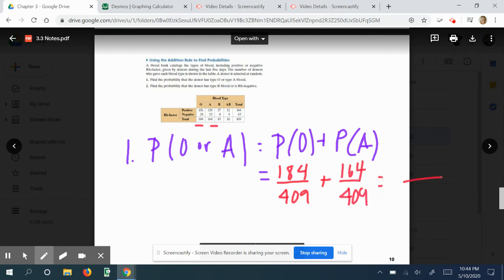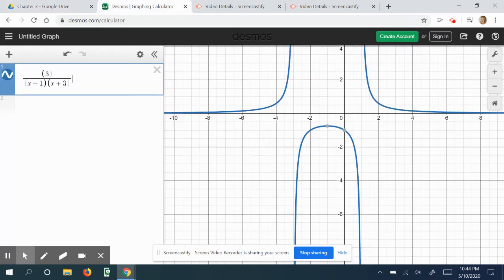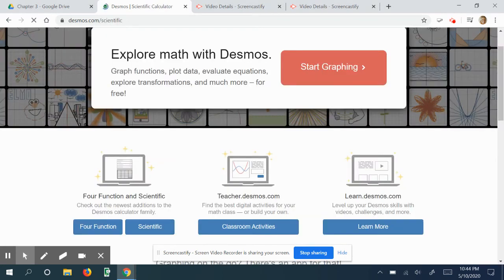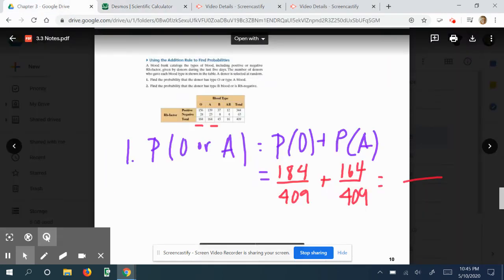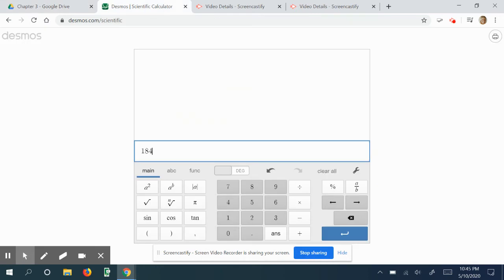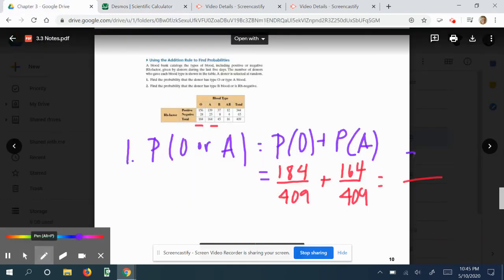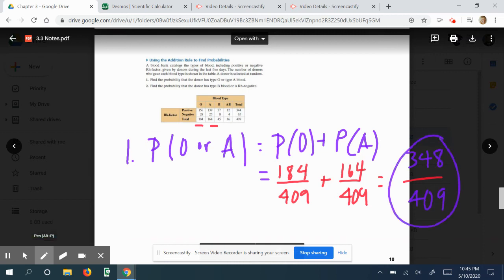Let's go to our graphing calculator. 184 out of 409 plus 164 out of 409. They give it to us as a decimal, so 0.85, or you could say it's 348 out of 409.